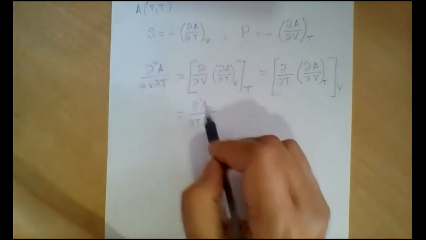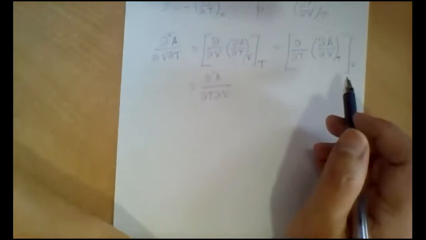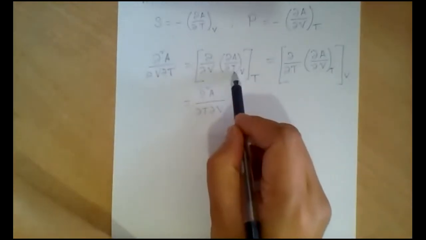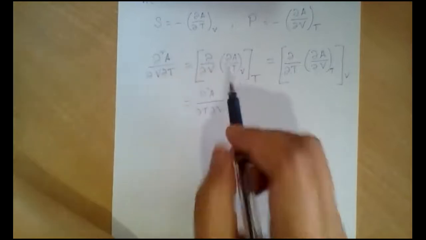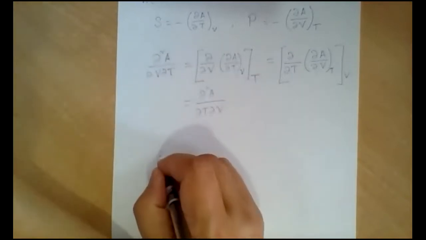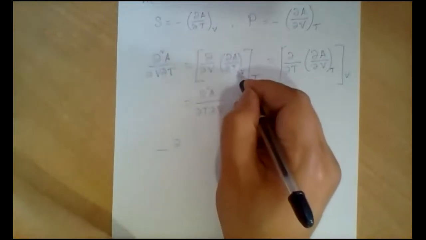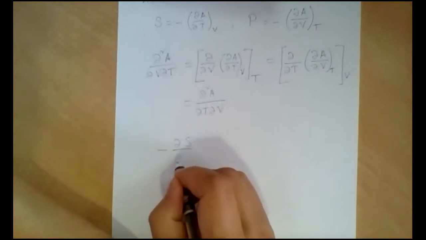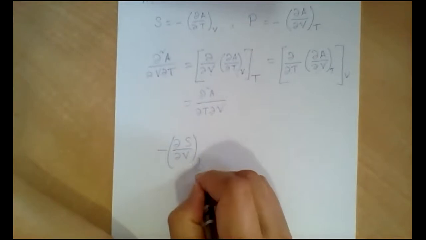Well, this is equal to this. So that means del A by del T at constant volume is entropy. So negative entropy. This term inside the bracket is minus entropy. So minus del S by del V at constant temperature.